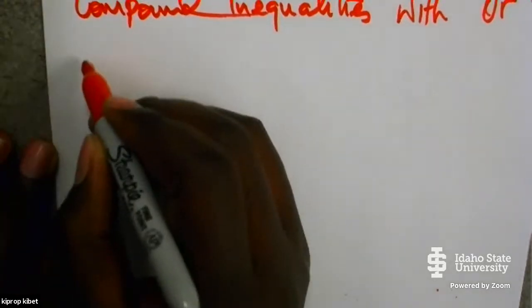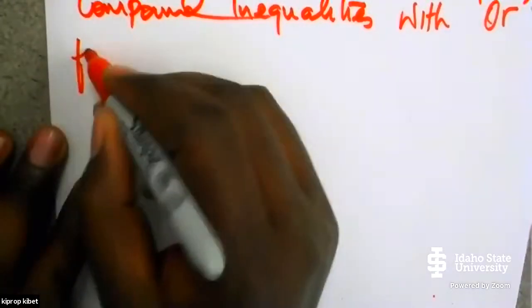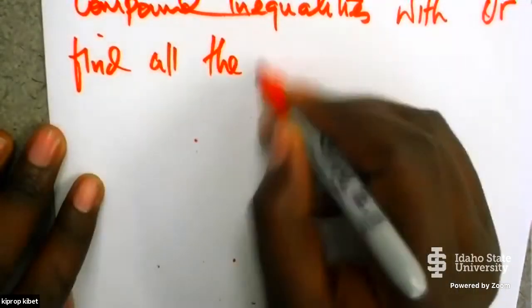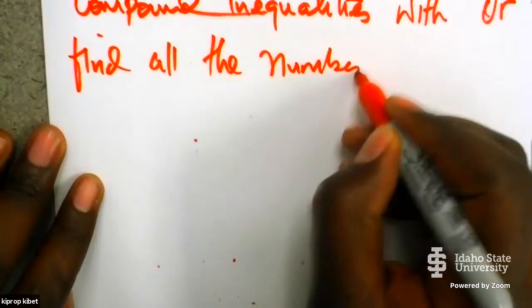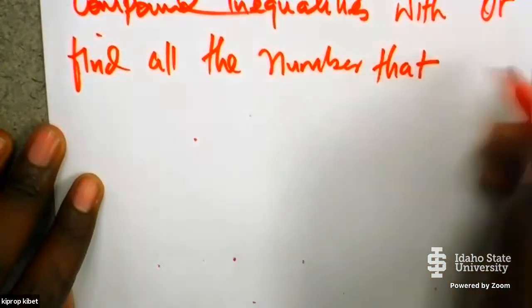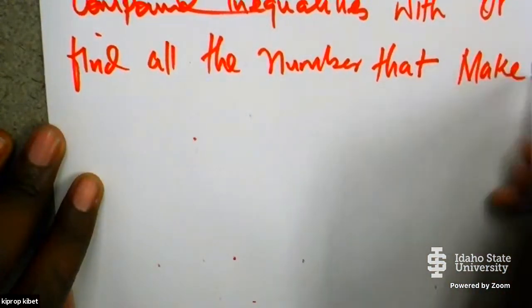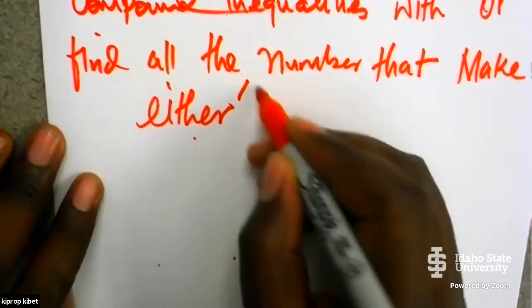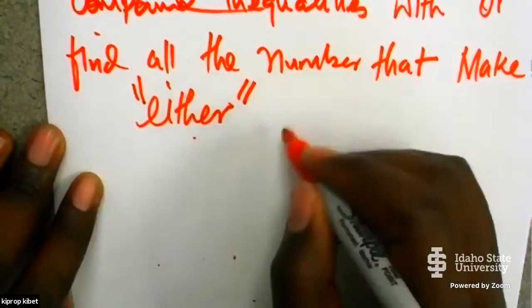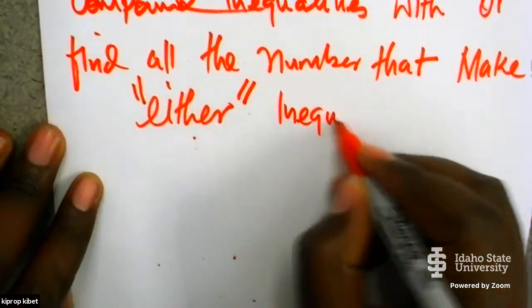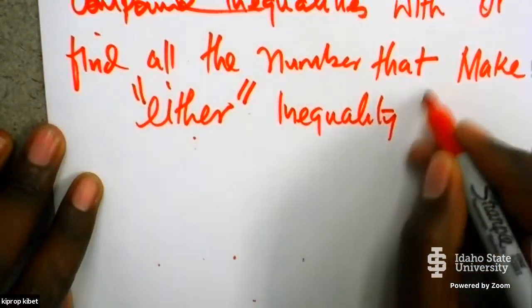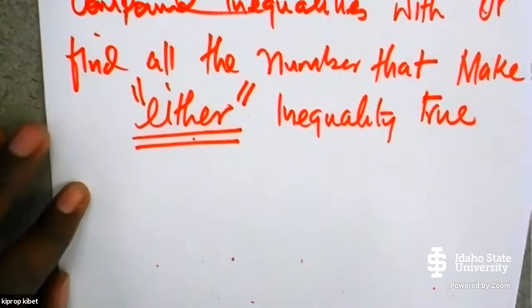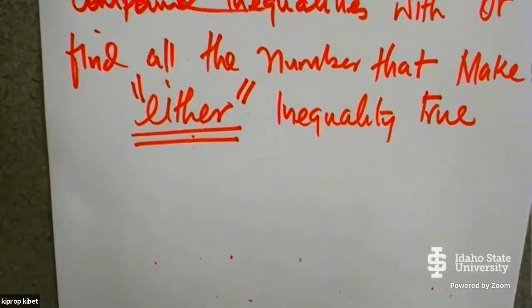So we are to find all the numbers that make either inequality true.